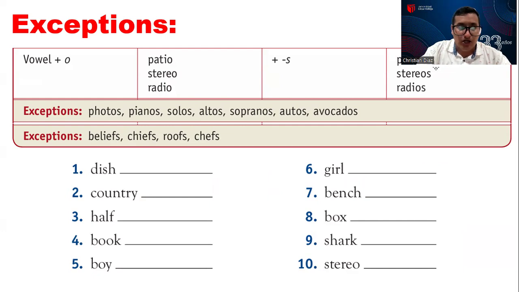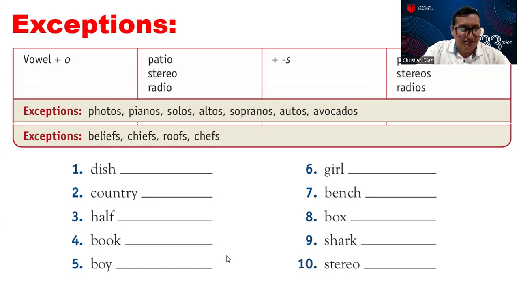Other exceptions are photos, pianos, solos, and avocados. Avocado is very popular. Avocados, just s. Another exception with a spelling rule of f: chef. What is the plural for chef? Chefs, just add s.